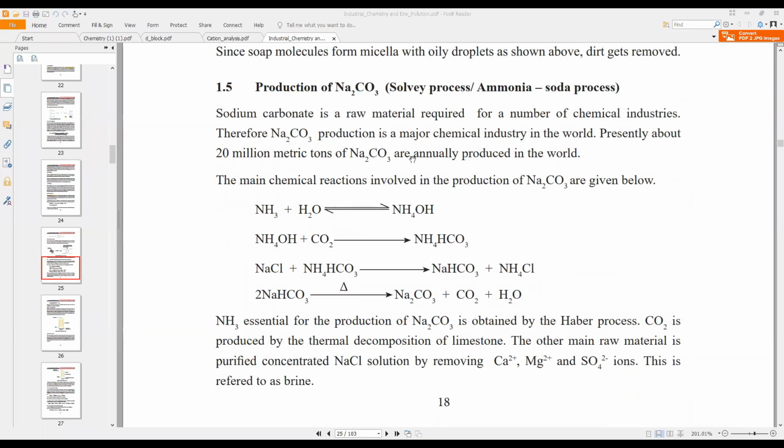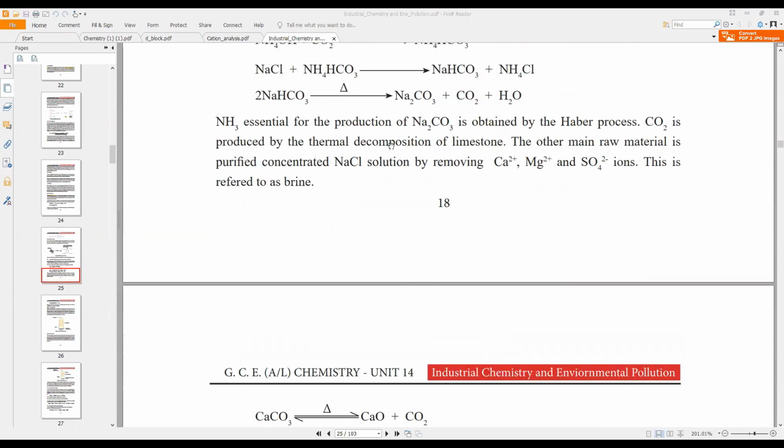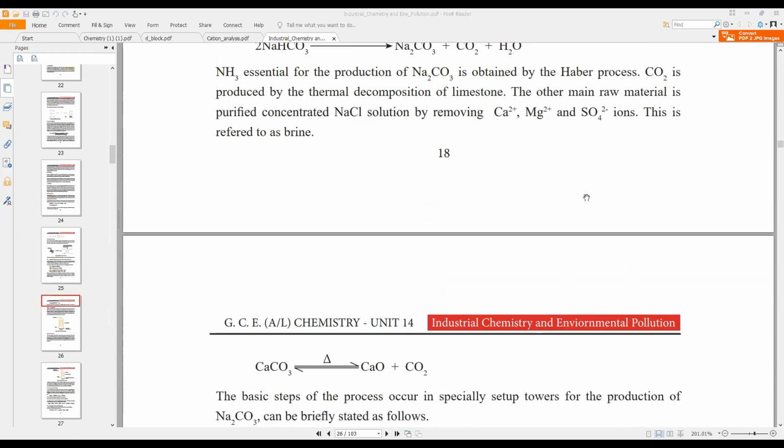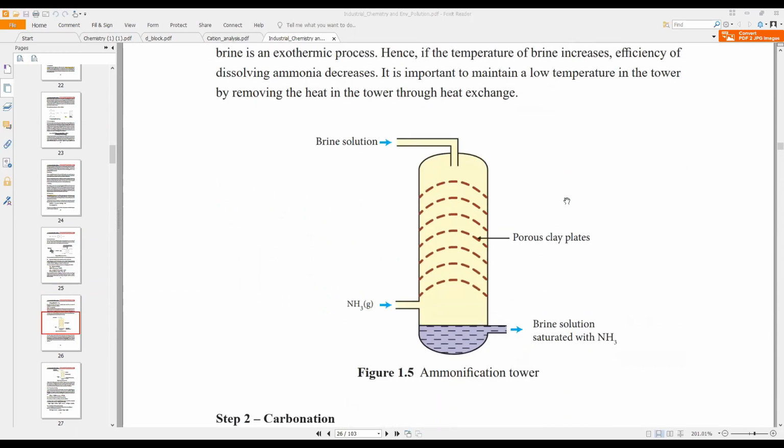This is the entire process: you need ammonia, carbon dioxide, and the brine to finally precipitate out sodium bicarbonate, and you heat it to form sodium carbonate. You have NaCl and sulfate, so you can add the calcium chloride to form the gypsum. That is a different story.